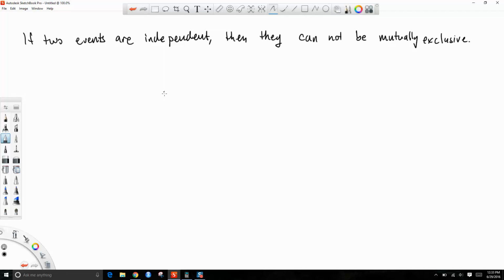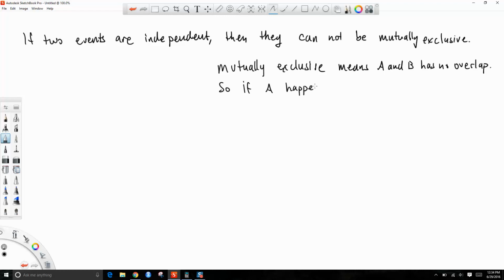Okay, so let's think about that. Mutually exclusive means that if one happens, then the other is impossible, right? Because mutually exclusive means A and B have no overlap. So if A happens, B becomes impossible.